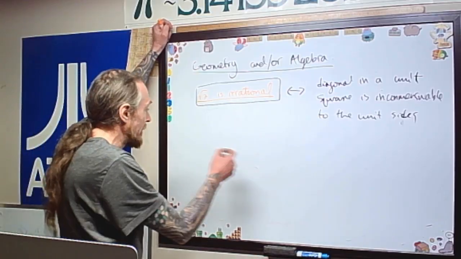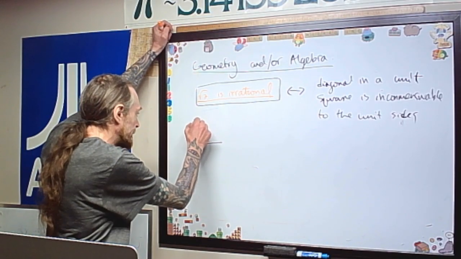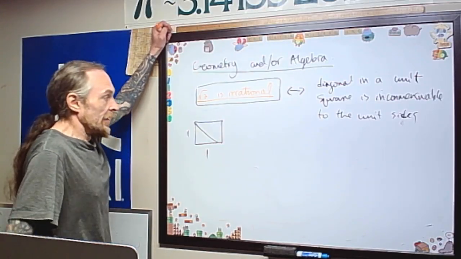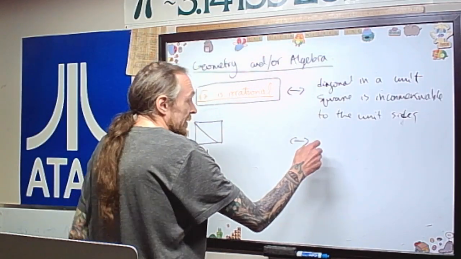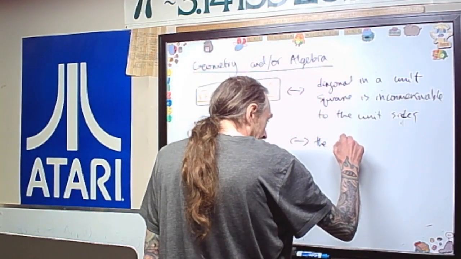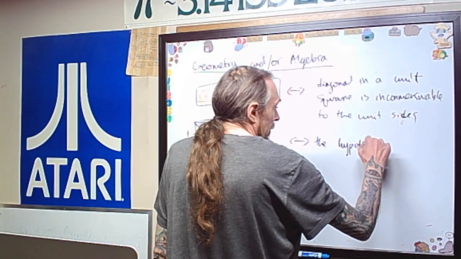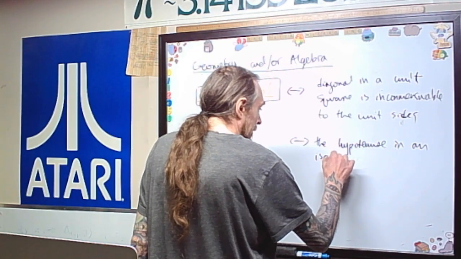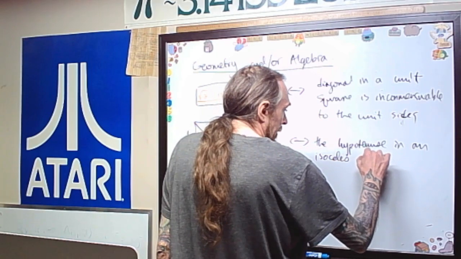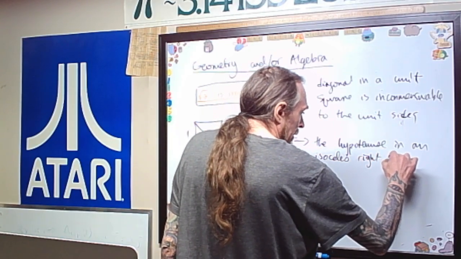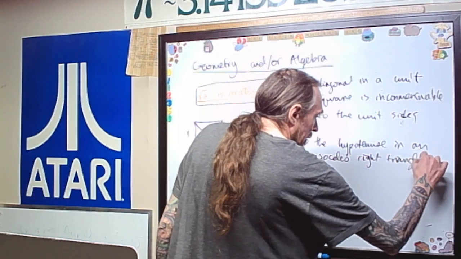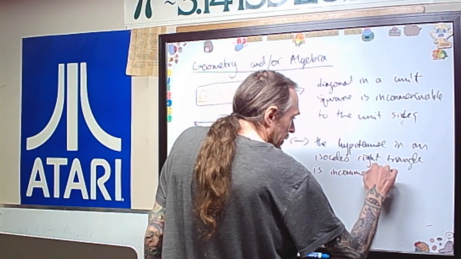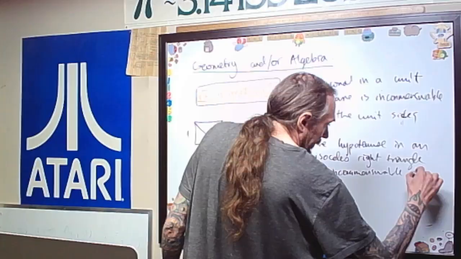All right, let's draw a picture here. I have a square, and it has unit sides, and it has a diagonal. So the other way I could phrase this is the hypotenuse in an isosceles right triangle is incommensurable to either of its legs.